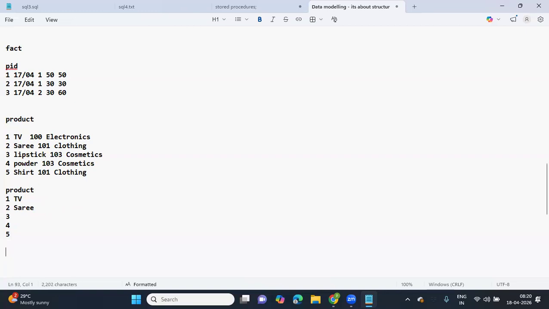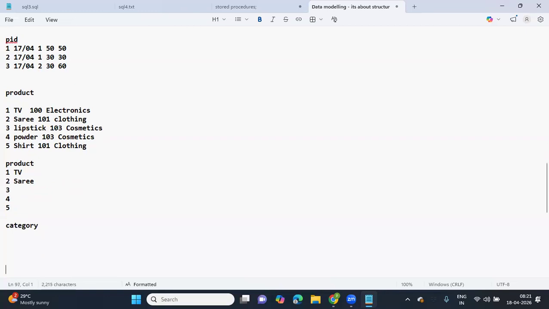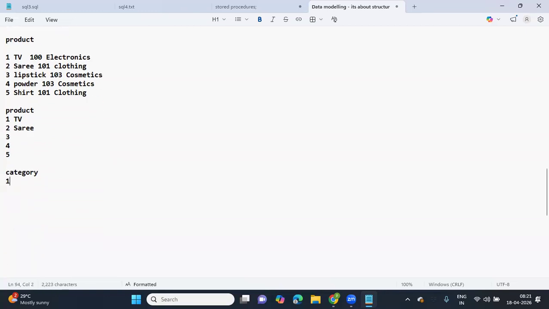Okay, this is a product table and we have a category table. In the category table, I'll maintain 100 as electronics, 101 is clothing, 103 is cosmetics and so on.